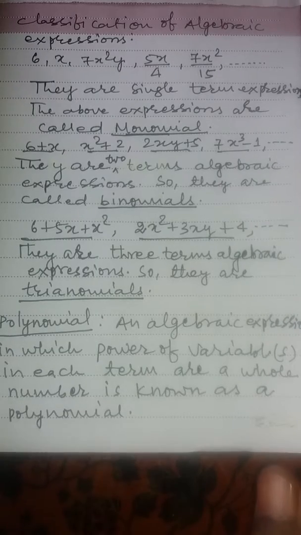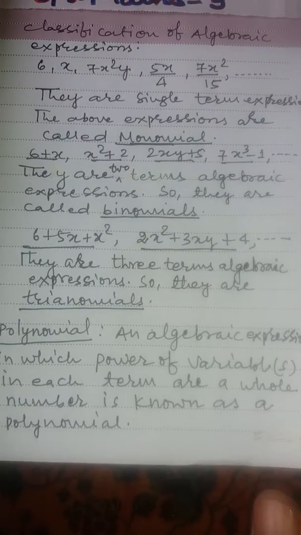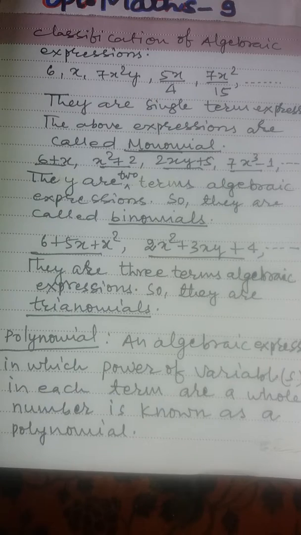What you understood here is that generally, if we have more than 3 terms in an algebraic expression, it is a polynomial. There is a question: if there are 2 terms, is that not called a polynomial? Yes, that is also called a polynomial, and its special name is binomial.